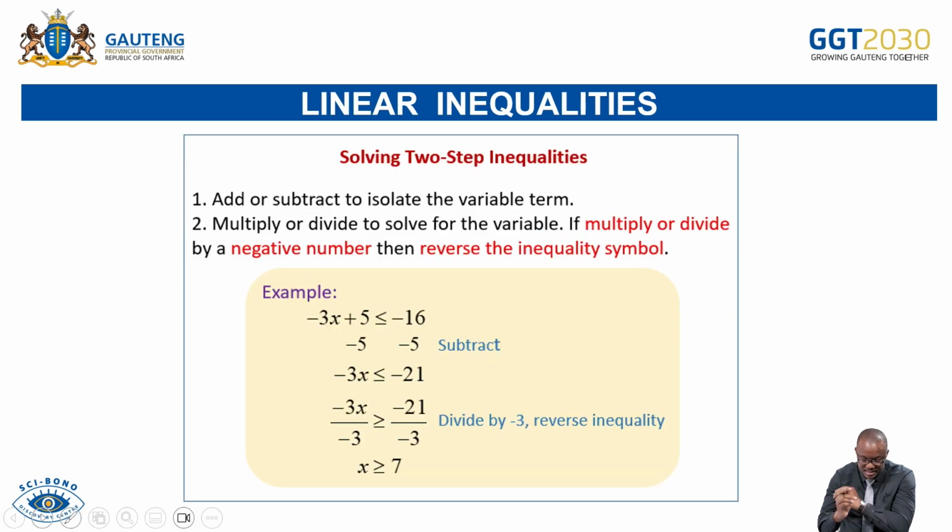So now let's look into another important factor that we need to look into here. We're saying add or subtract to isolate the variable term. When you multiply or divide to solve for the variable, if you multiply or divide by a negative number, then reverse the inequality symbol.